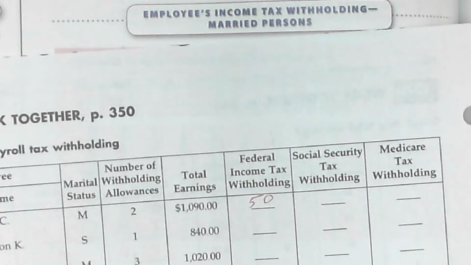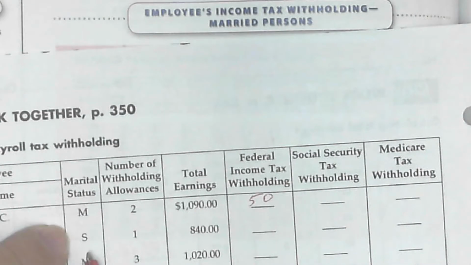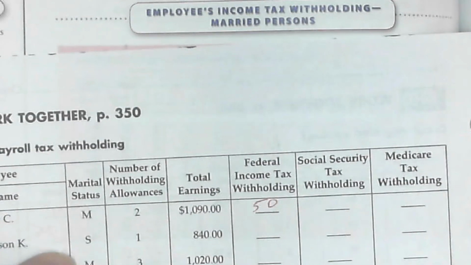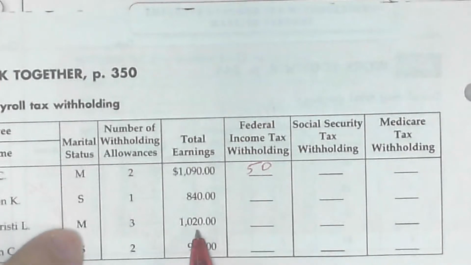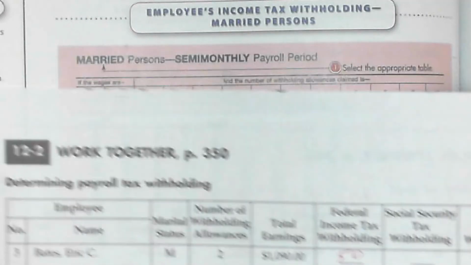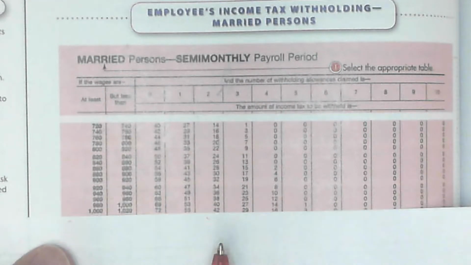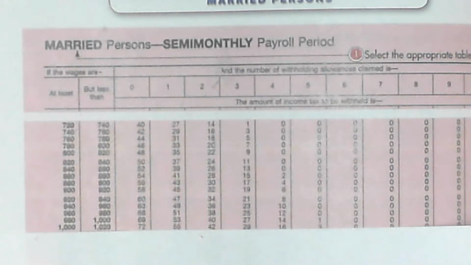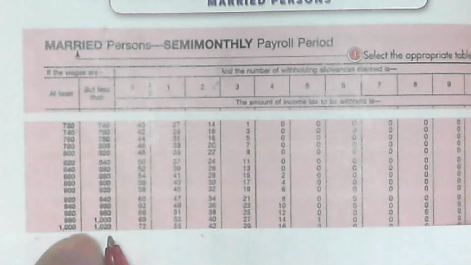Since we're already on the married page, I'm just going to go down to the next married person. So maybe your singles are going to be on the previous page. So our next married person made 1,020. So I go up. Got the 1,020.